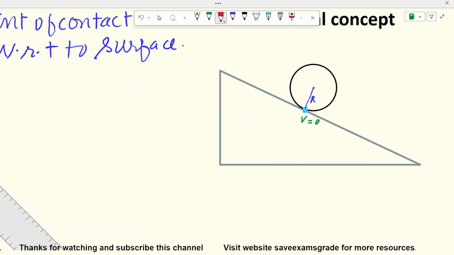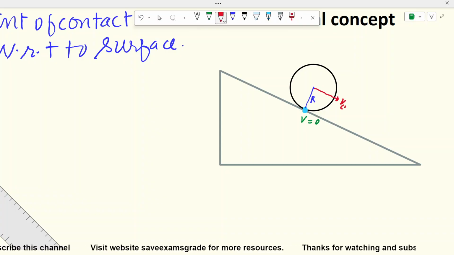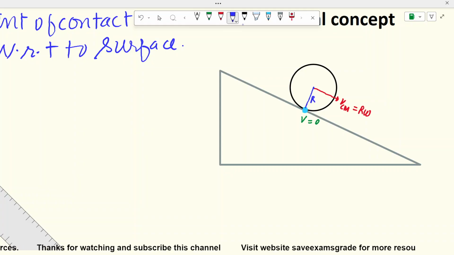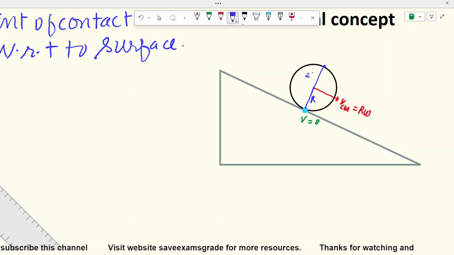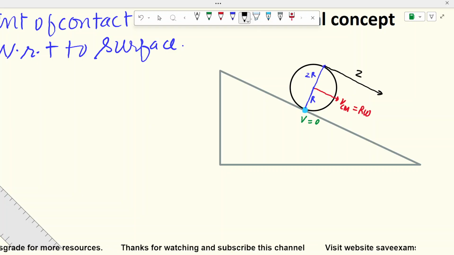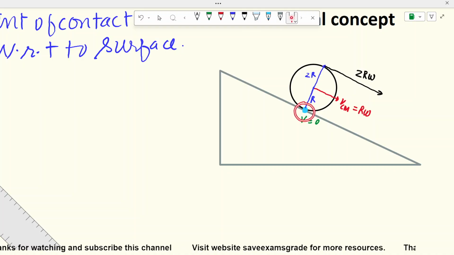The velocity of the center of mass of this object is v_CM, which equals R omega, as written in our syllabus. Now, what if I take this point? This distance is 2R, so its velocity will be 2R omega. But the velocity of the point of contact is zero.